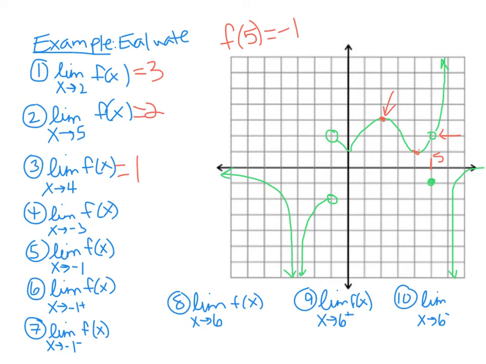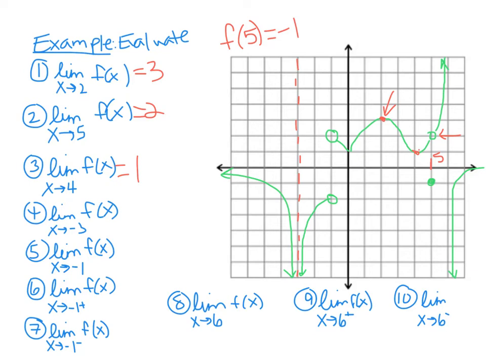The next one, we have the limit of f of x as x approaches -3. This one's kind of a weird one because both sides of the graph are just going down forever and ever and ever. Actually, even though it's not shown on the graph, there is an asymptote here. So just keep in mind that graphs don't always show the asymptotes, but it doesn't mean that they're not there.